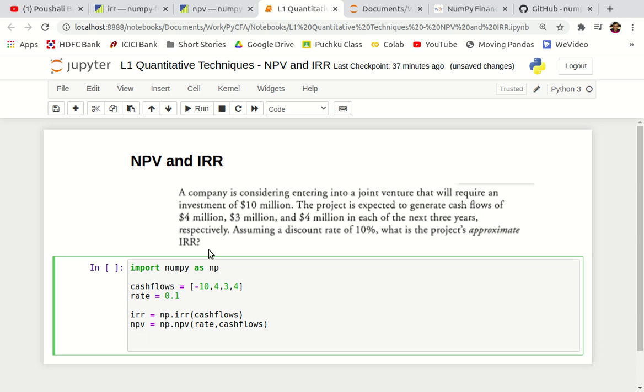Now let's print. Let's round it off. Let's convert it to a percentage of 2 decimals.